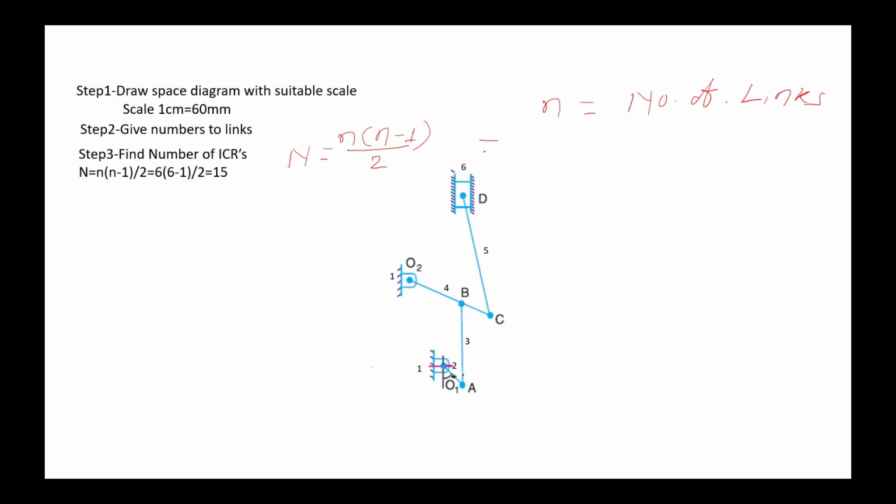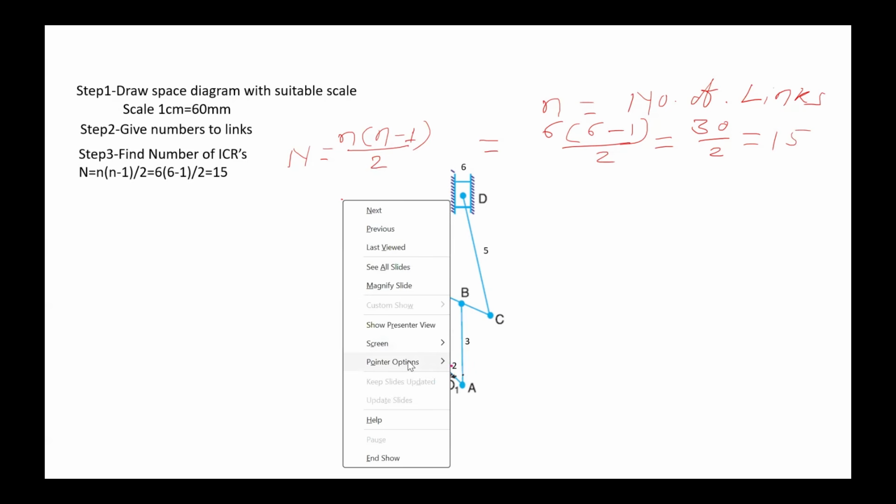Total 6 links are there, so n equal to 6. 6 into 5 is 30, divided by 2 equals 15. So the number of ICRs for this mechanism is 15.